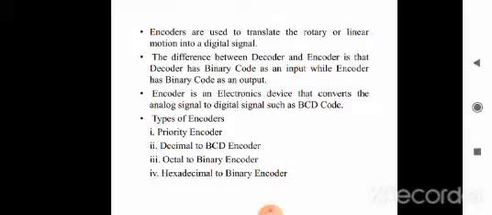The decoder has binary input that is decoded to decimal, hexadecimal and so on, but the encoder has decimal input and binary output. It converts the analog signal into a digital signal such as BCD code.